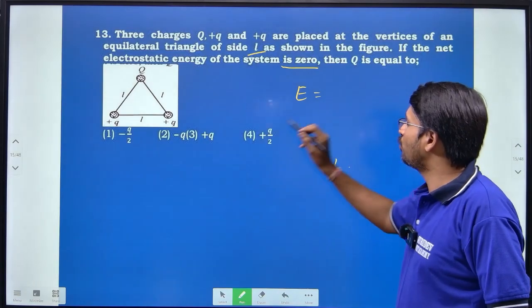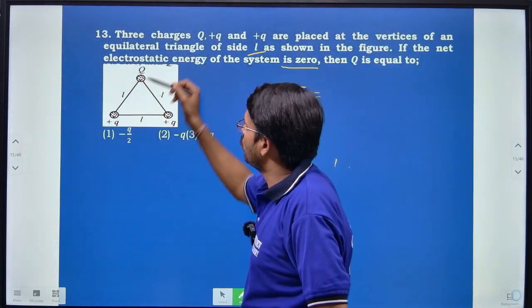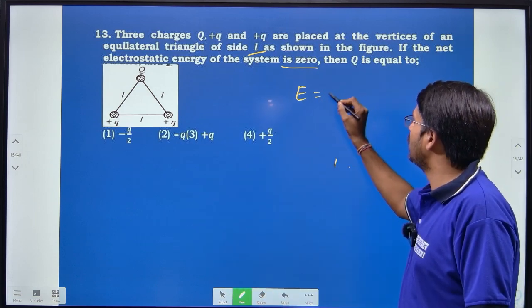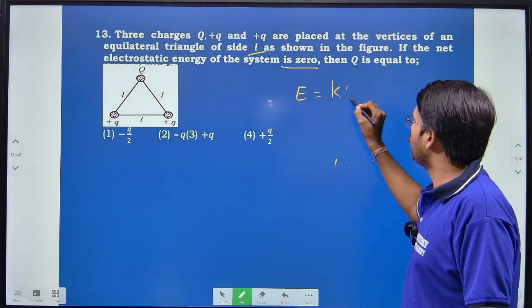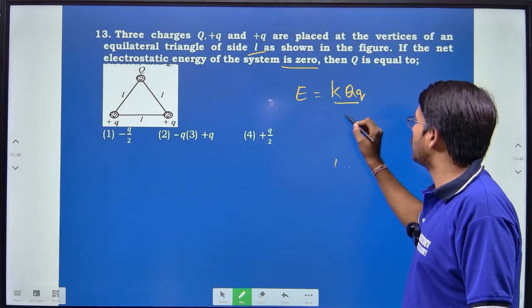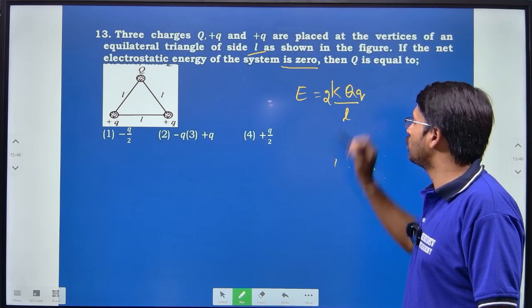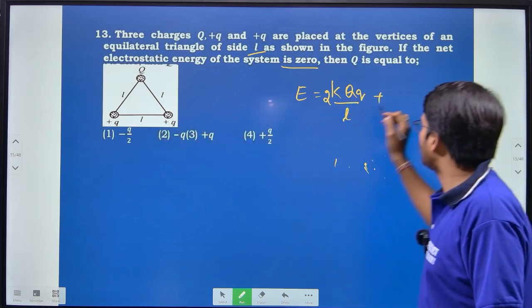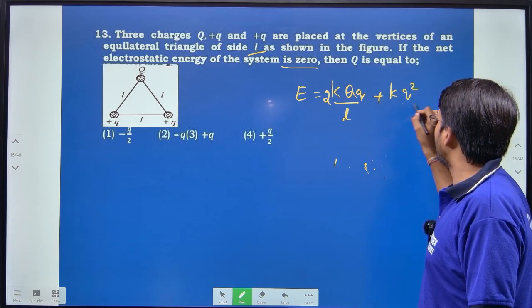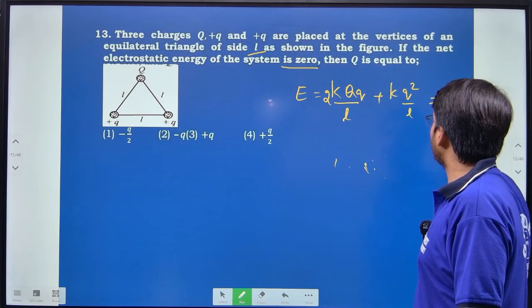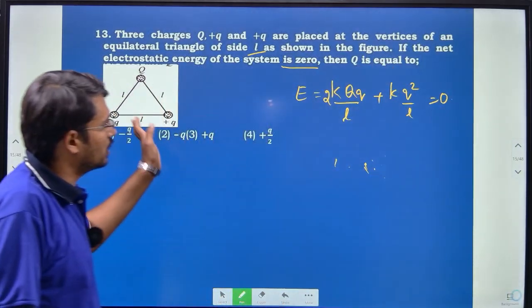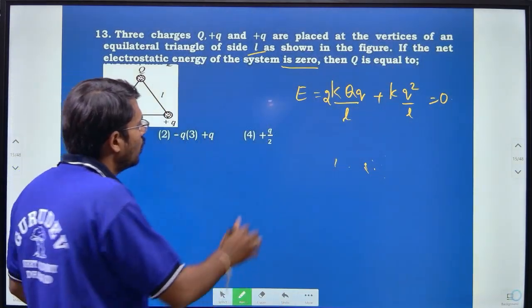So capital Q into plus Q, there are two terms. Therefore I'll straight away write that as K into capital Q into Q divided by the length L, and because we have two terms, 2, plus, because of this particular one, K Q square divided by L, and that equals 0. And if that equals 0, the common term we can take outside and neglect.